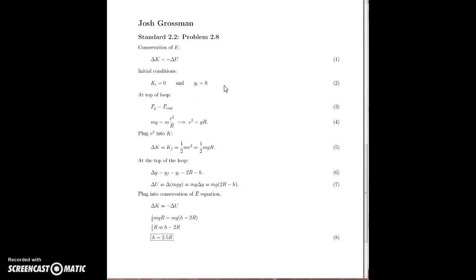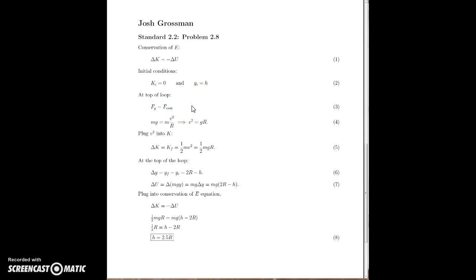The second main concept that we have to use is the fact that the loop is a circle, and so in order to move in a circle, we need to have a centripetal force. In order for the ice cube to just barely make it through at the top of the loop, that force is coming exclusively from the force of gravity.